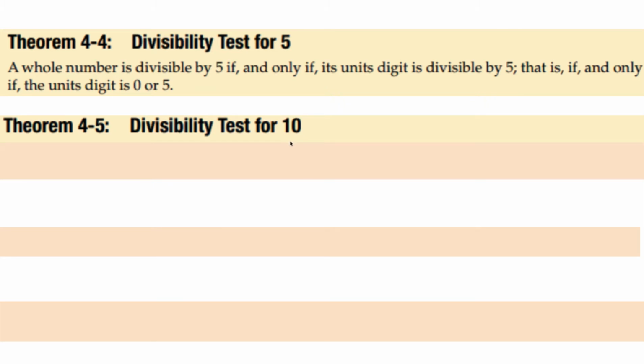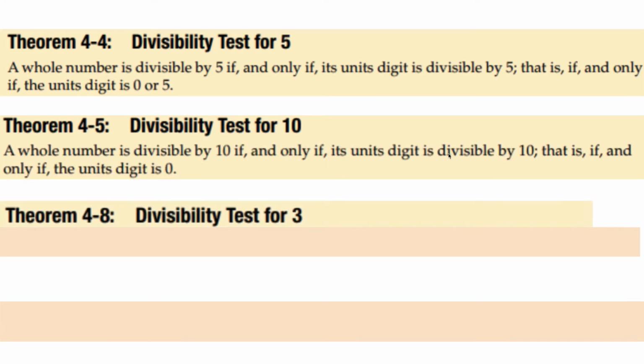Multiples of 10 are 10, 20, 30, 40, 50, 60, 70, 80, 90, 100, 110. Those all end with 0, right? So whenever you have 0 in the ones digit, it is divisible by 10. So divisibility tests for 5 and 10 are pretty easy too.